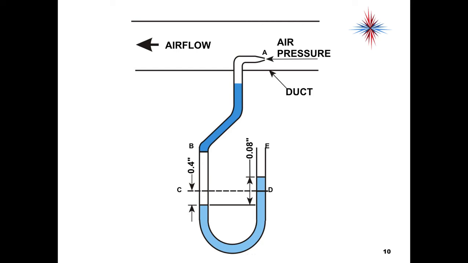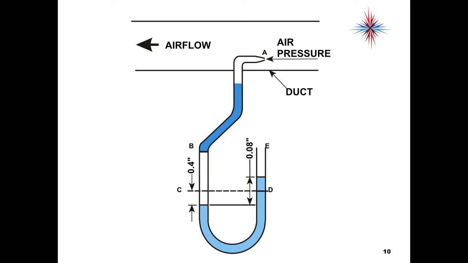You add those together, and we have a 0.08 inch pressure difference. So the pressure reading is the difference between C and D, a negative and a positive of 0.4. We're pushing the level down and we're pulling it up.